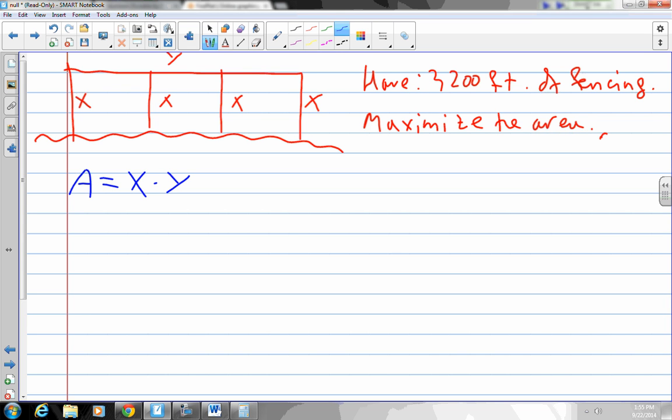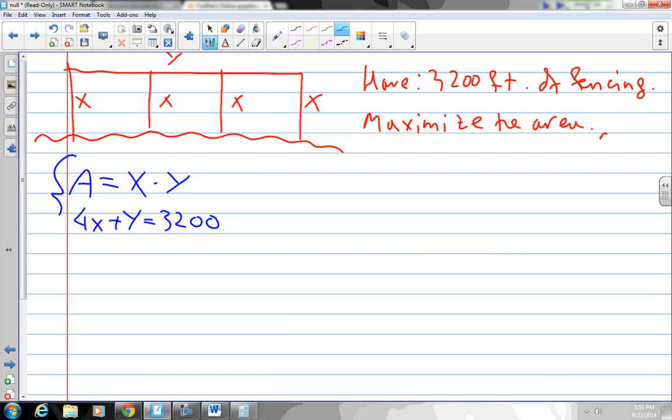It's a big rectangle, length times width. Now, there are two variables. We cannot solve it that way, so we need to do something else. That's where 3,200 feet comes in. The way we did that before, if you add all the sides together, you should get 3,200. So that's 4x plus y equals 3,200.